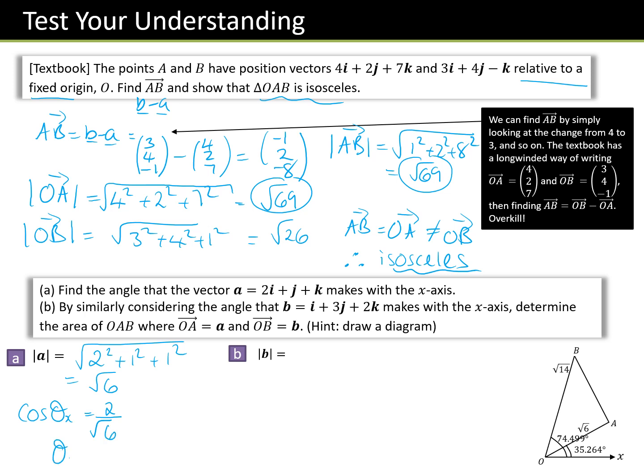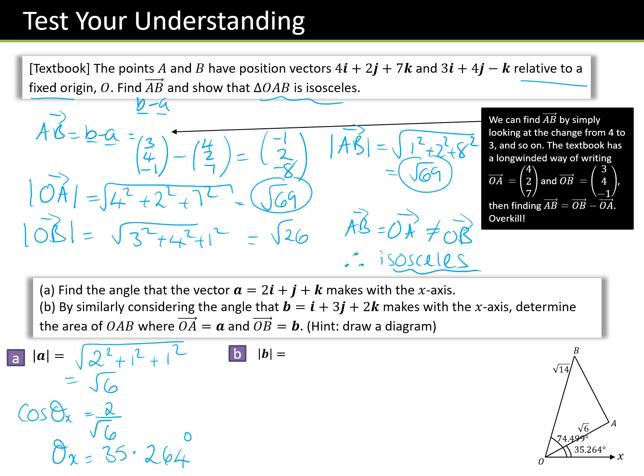So that angle is going to be inverse cos of that, which is 35.264 degrees.